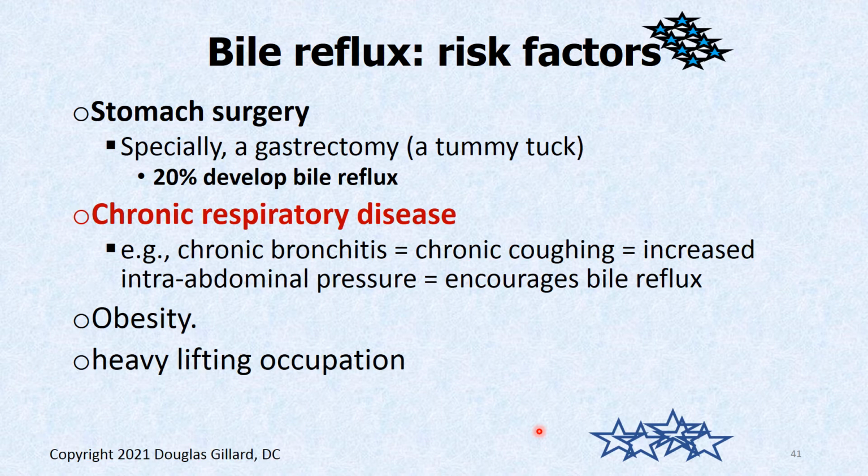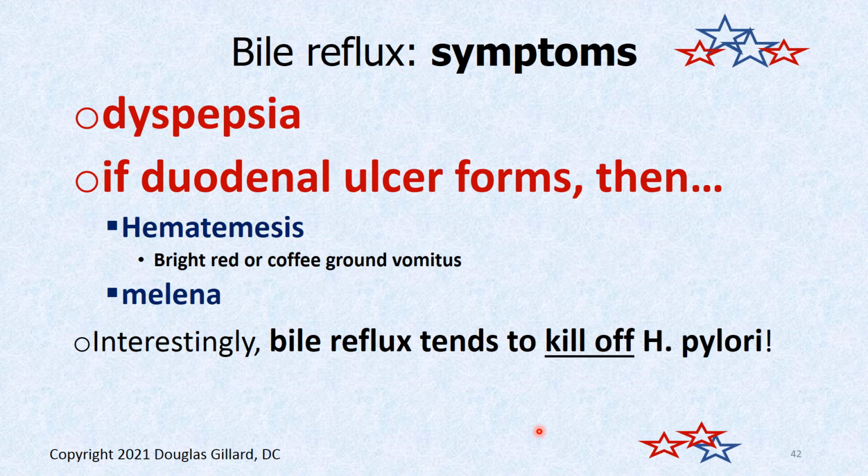If you have a lot of extra fat in your stomach, that fat pushes into your intestines and increases the pressure, and it squeezes, encouraging bile to reflux into the stomach, as well as causing acid in the stomach to reflux into the esophagus. So obesity. Heavy lifting occupations where you're lifting heavy all day.